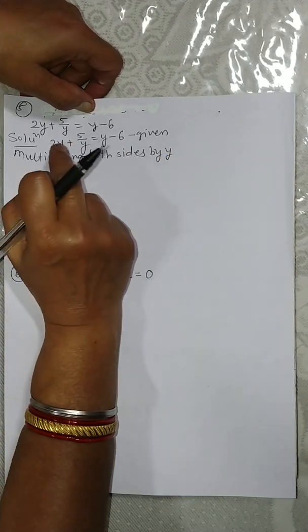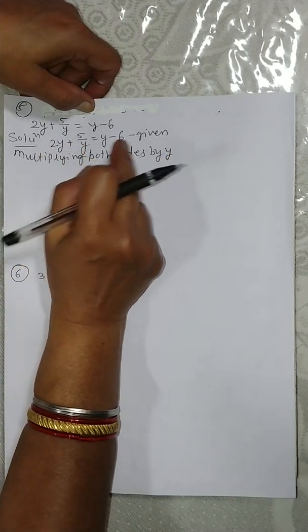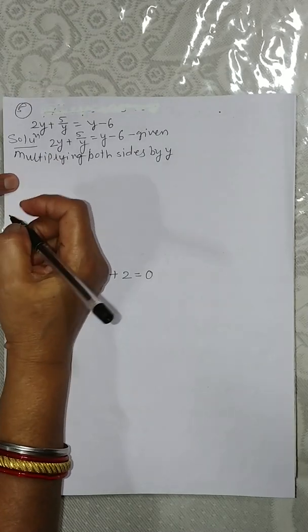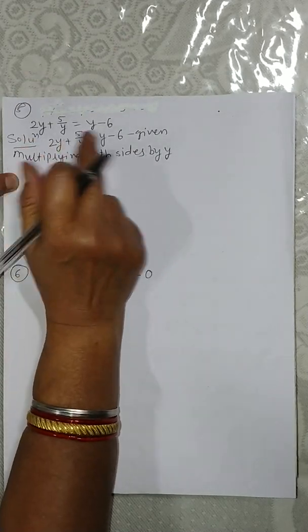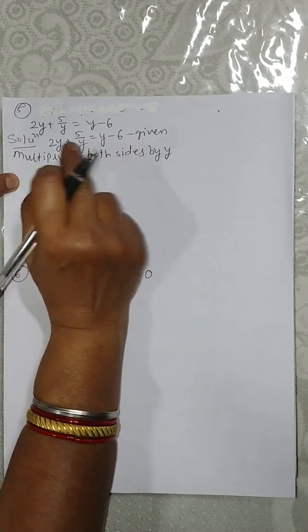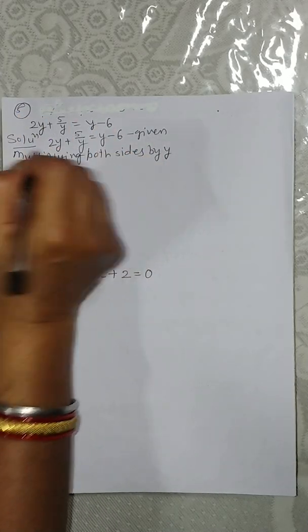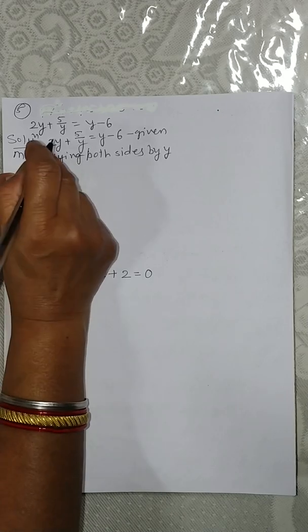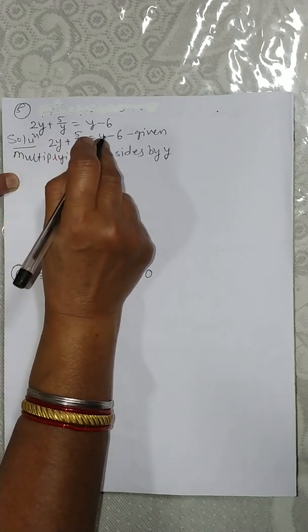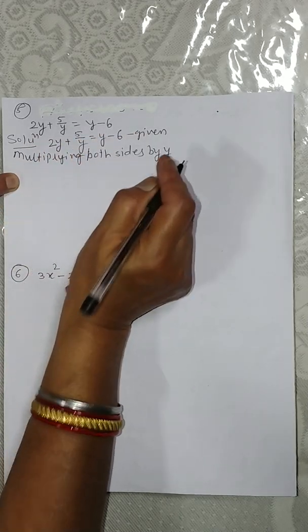Both sides means each term is multiplied by y. Now I will tell you every step of how we have to solve it. We have to multiply both sides by y. So each term of this equation is multiplied by y.